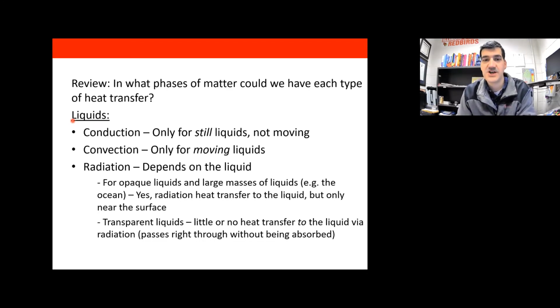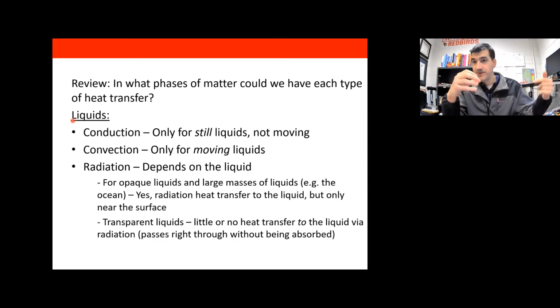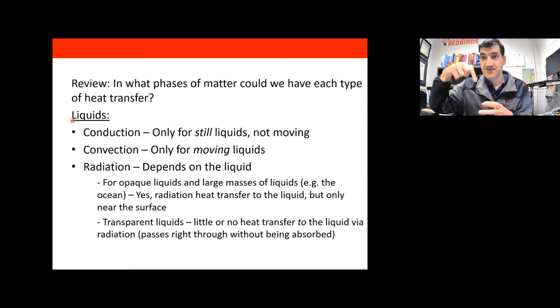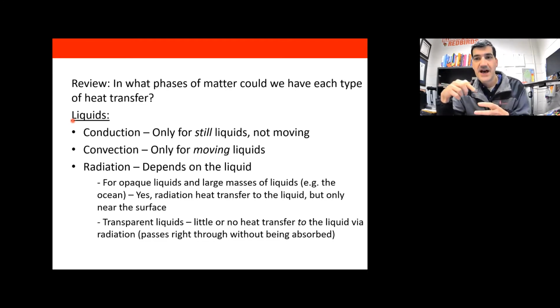So in general, transparent liquids allow radiation heat transfer to pass through them, whereas opaque liquids can have radiation heat transfer to the surface of the liquid, but generally not passing through the liquid.